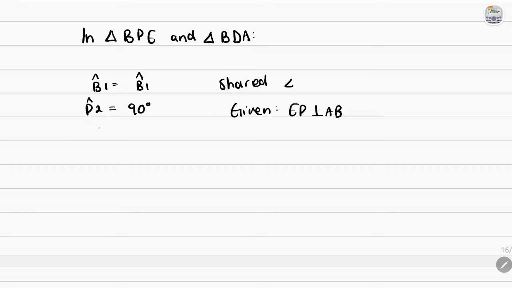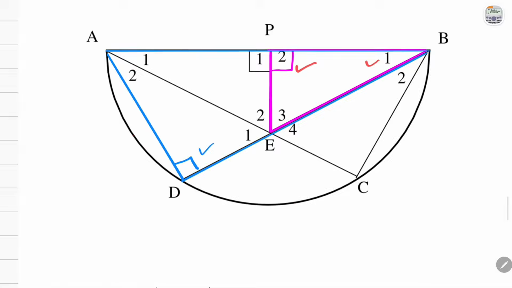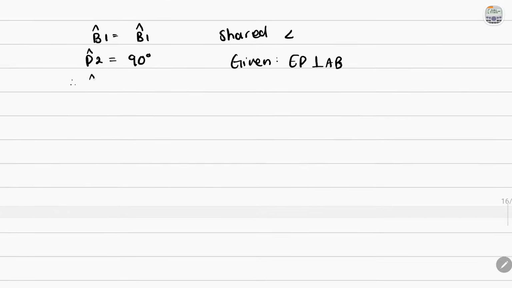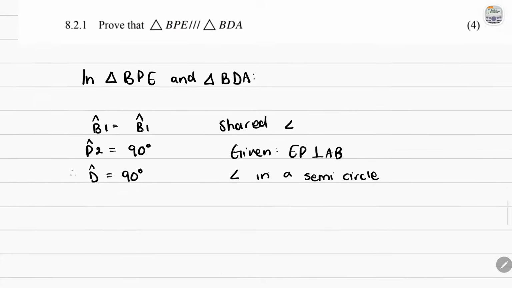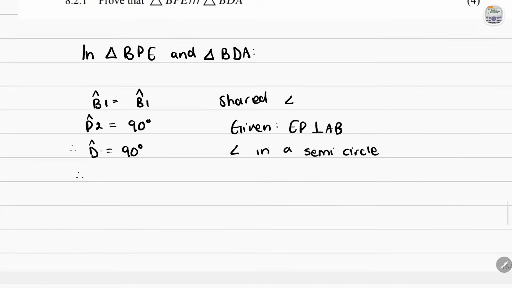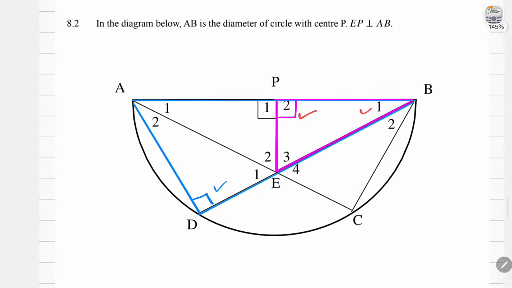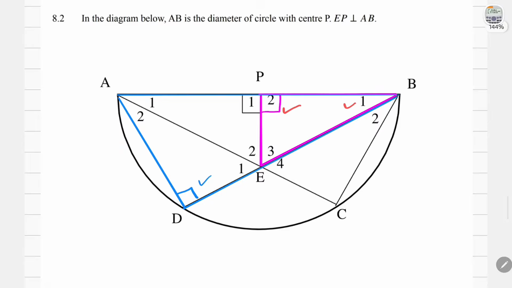And then we can also say that we can see angle D is equal to 90 degrees as well. Angle D is equal to 90 degrees, and that is because of angle in a semicircle. And so this is one angle that is equal. We can finally conclude that angle P2 is equal to angle D. So these are two angles we have, this angle and this angle. And then the third angle in each triangle will be equal by default.